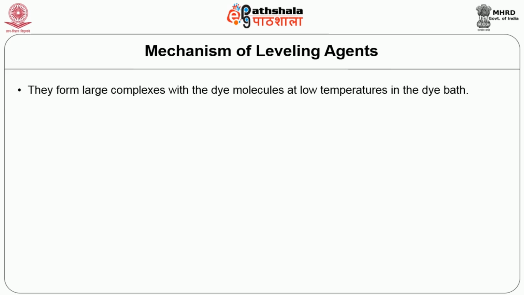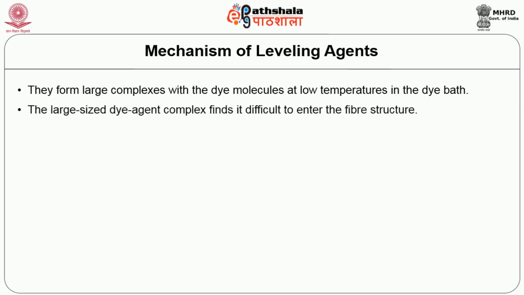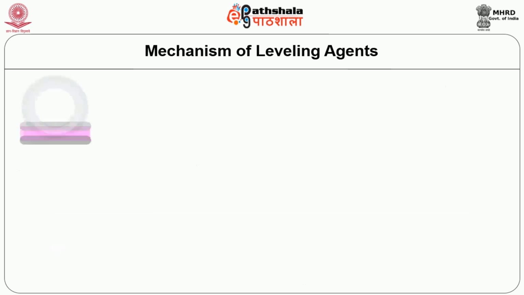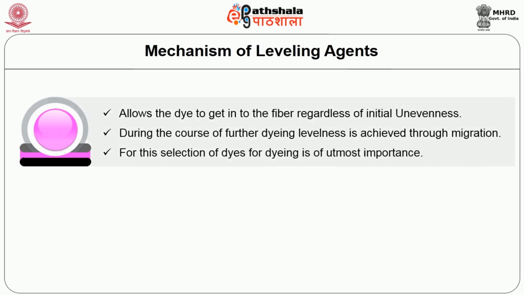They form large complexes with the dye molecules at low temperatures in the dye bath. The large size dye-agent complex finds it difficult to enter the fiber structure. When the temperature of the dye bath is raised, the complex breaks up, releasing the retarding agent. The dye is now taken up by the fiber.